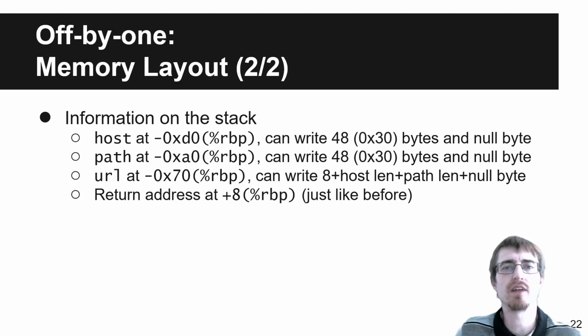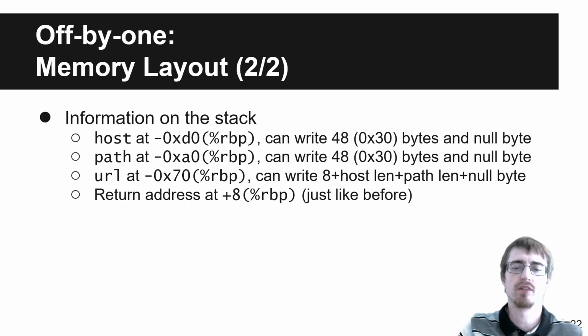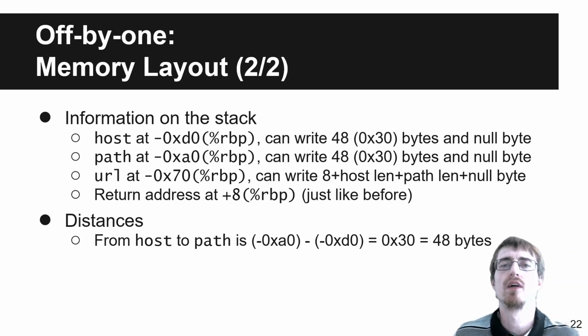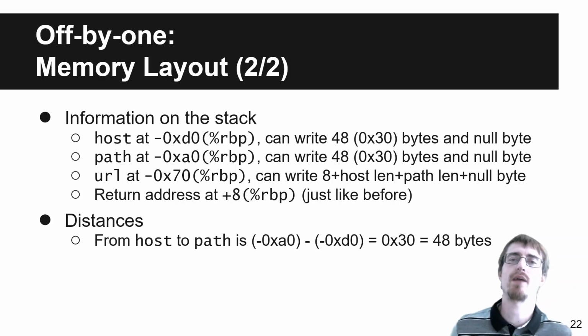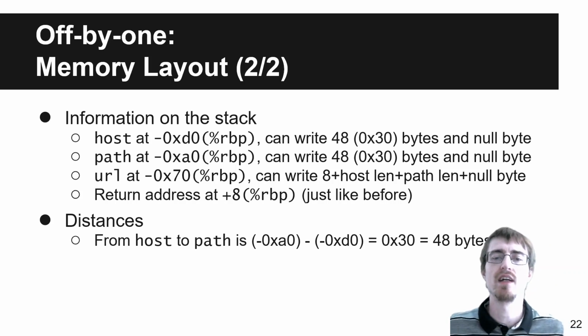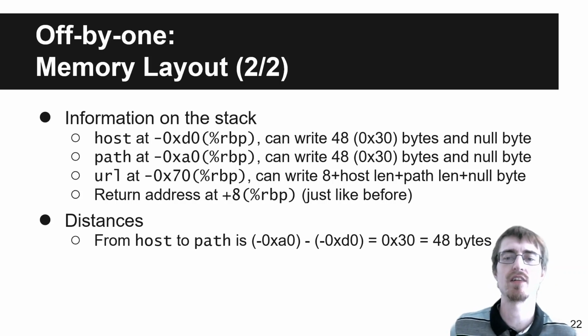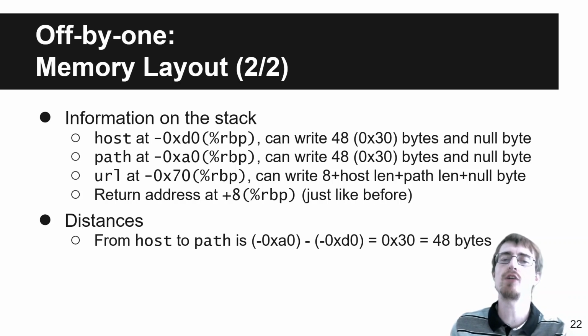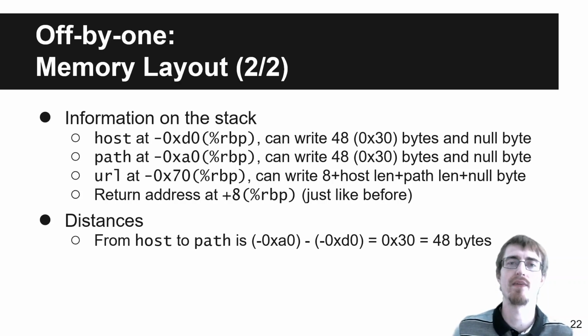Now what can we do with this information? Let's compute the distances between the buffers. So host and path are directly next to each other, because the host buffer and the path buffer are both 48 bytes, and the difference between their addresses is also 48 bytes. Host is at the lower address, so if we keep writing to host, eventually we end up in path.